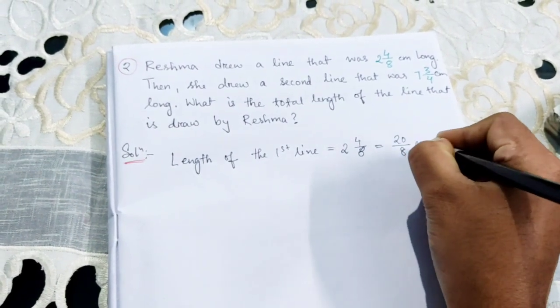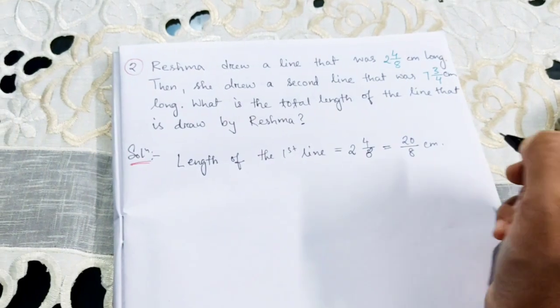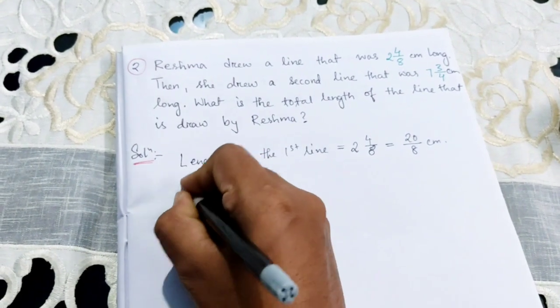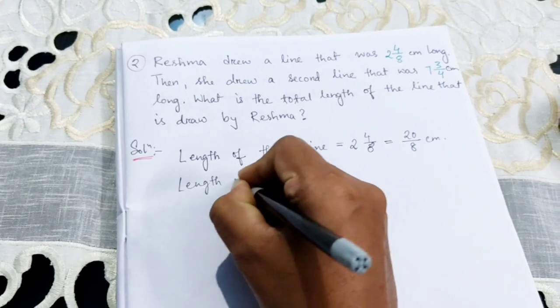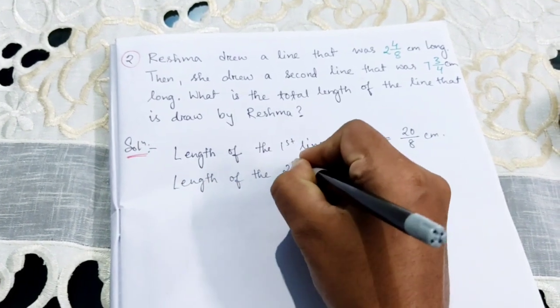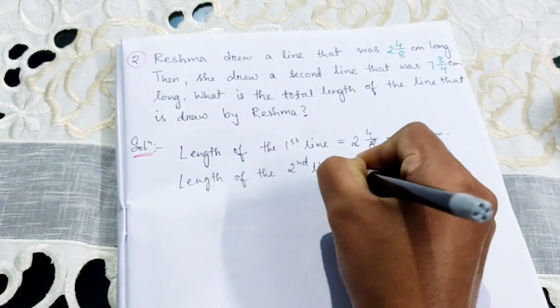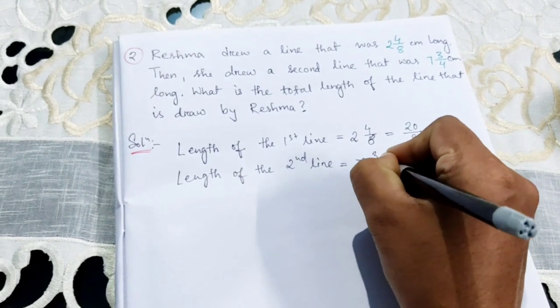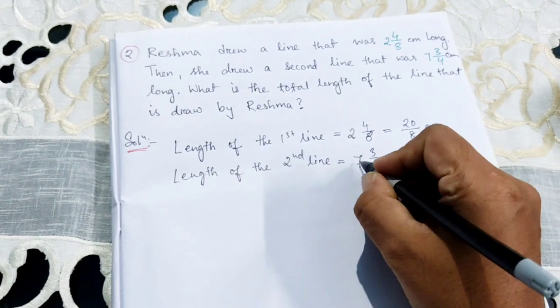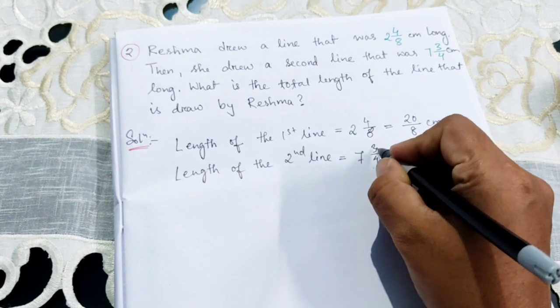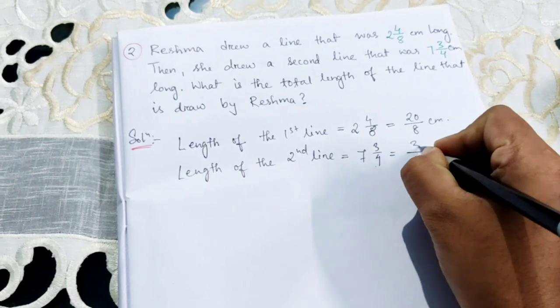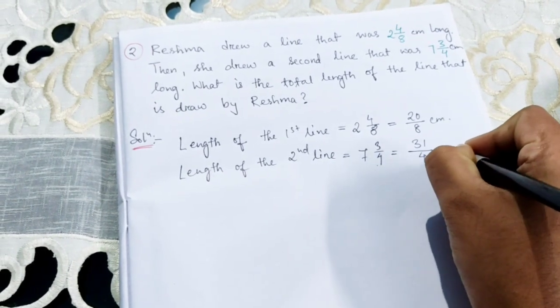So it will be 20 by 8 centimeter. Now next, the length of the second line is 3 by 4. You can convert it to an improper fraction. 7 times 4 is 28, plus 3, it will be 31 by 4 centimeter.